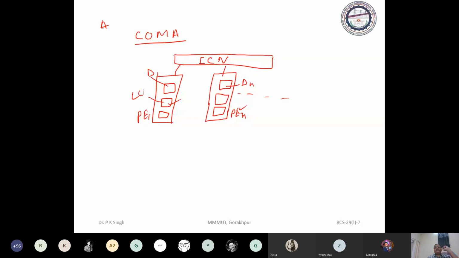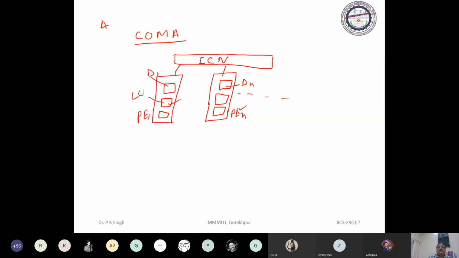First, suppose this information is available with PE n, then it will refer from there. But there is a difference in time, a difference in access speed, for referring to the information. PE 1 will refer from its own cache or from the cache of another cluster.